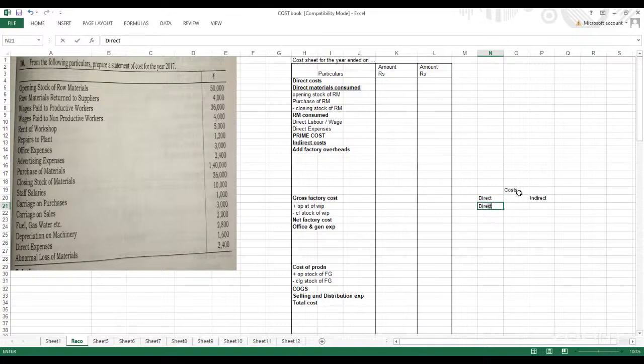First is direct material, then second, direct labor, which we also call direct wages, and third is direct expenses. These three are called direct cost.